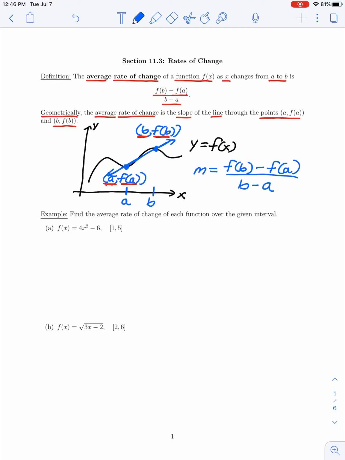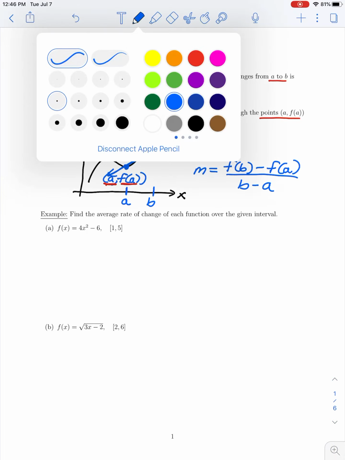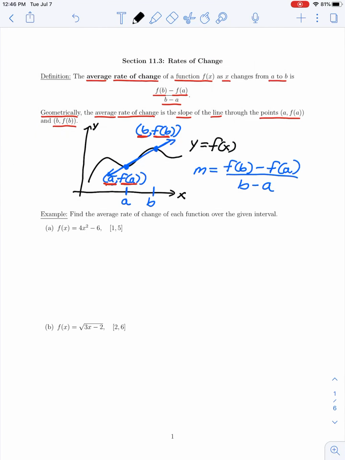So now that we have a definition of an average rate of change, let's look at some examples where we'll find the average rate of change of a function. So in these examples, we're asked for the average rate of change of each function over the indicated interval. So in part A, we have f of x is 4x squared minus 6 on the interval from 1 to 5.